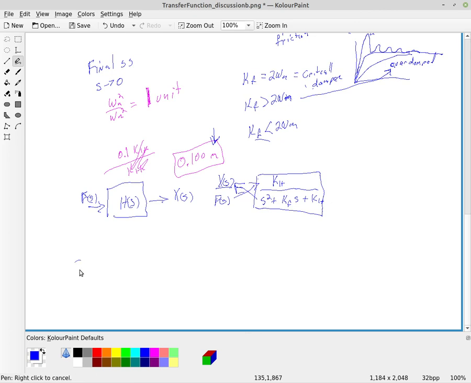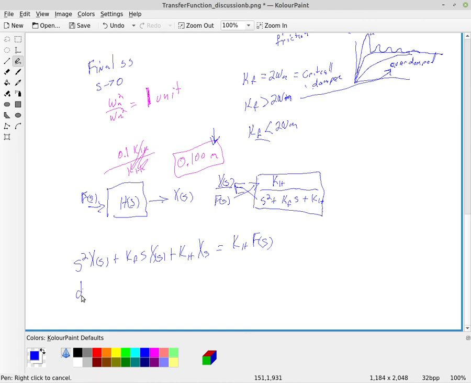That's going to give me s squared times X(s) plus kf s X(s) plus kh times X(s) is equal to kh times my forcing function. And then I can switch this back into the time domain.